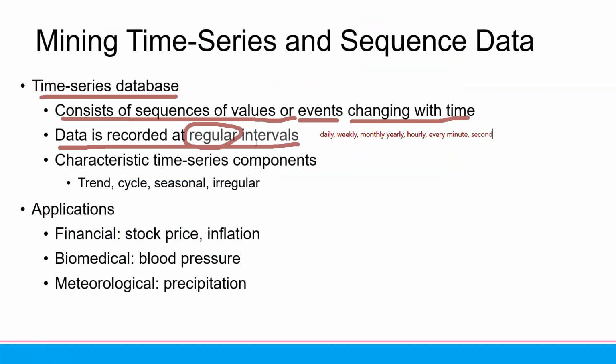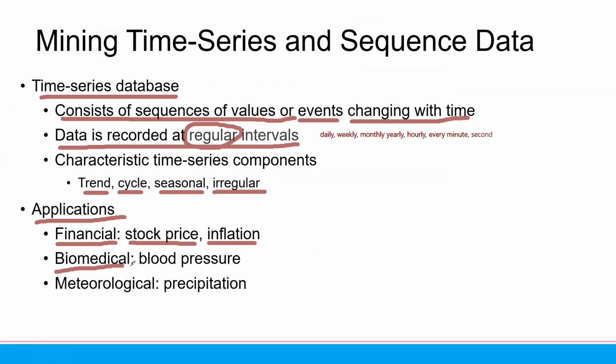The characteristics of the time series: we can have trend, cycle, seasonal, and irregular. Some applications are in the financial area, like stock price, and I want to check the inflation, which means I want to know whether the price index is getting higher or lower.